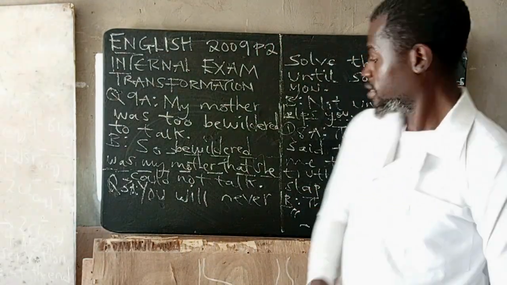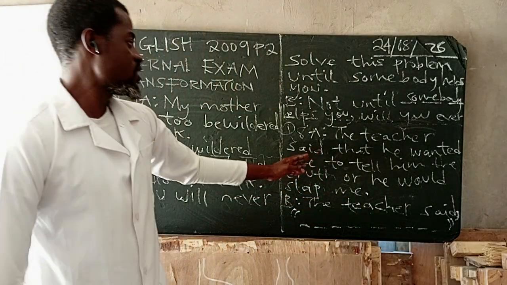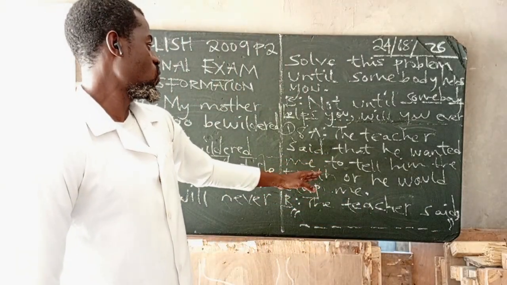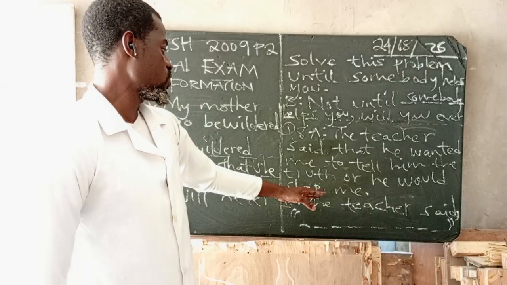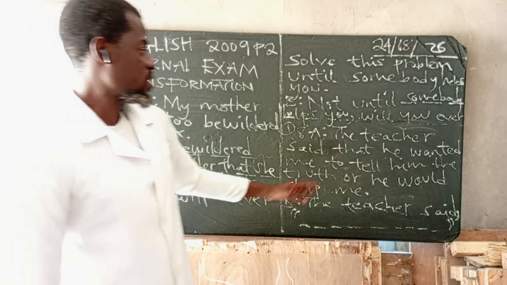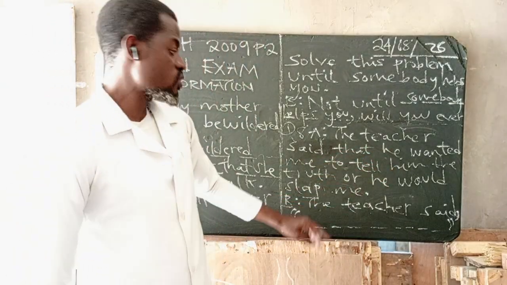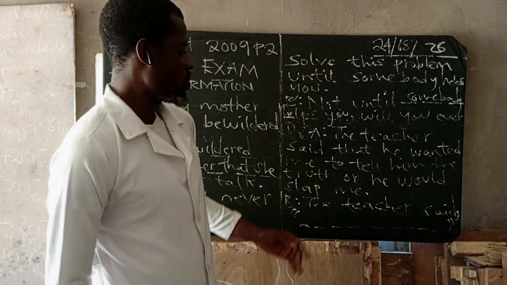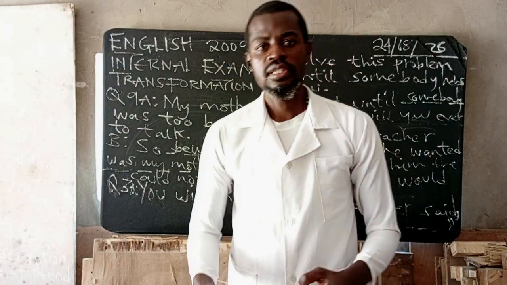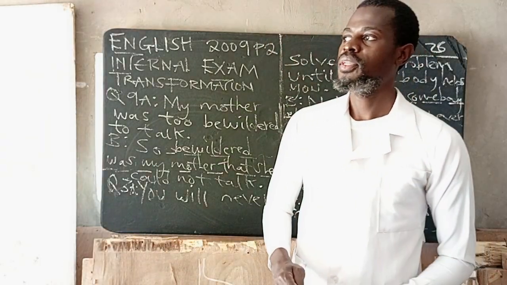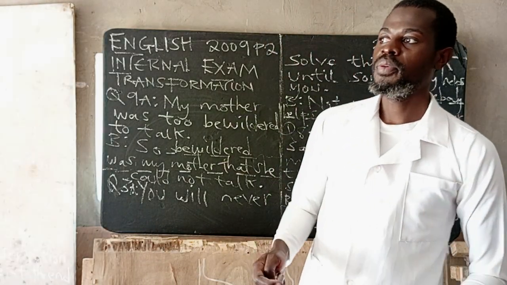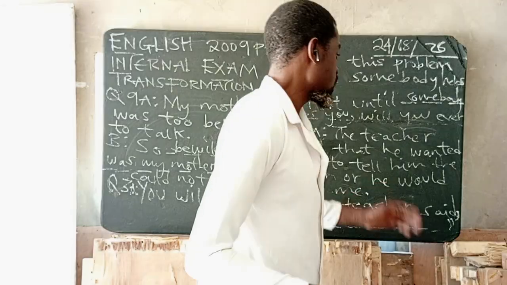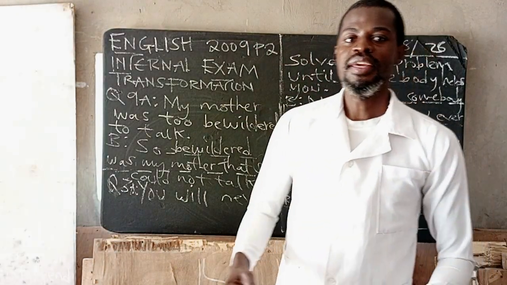So the last question, guys, so that I leave you now. The last question says, the teacher said that he wanted me to tell him the truth or he would slap me. So this is reported speech. They want you to change to direct speech. How can we change such a sentence to direct speech? Remember, there are words that change when changing from reported speech to direct speech, or direct speech to reported speech. You have words like today, which in reported speech changes to that day.